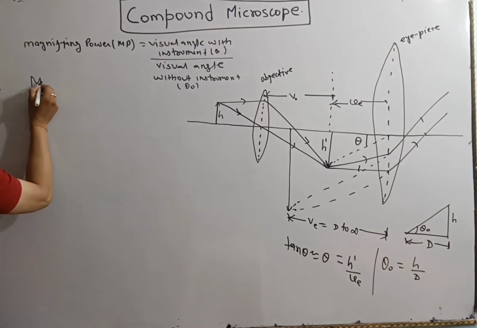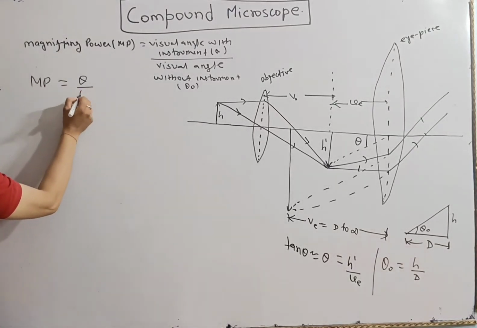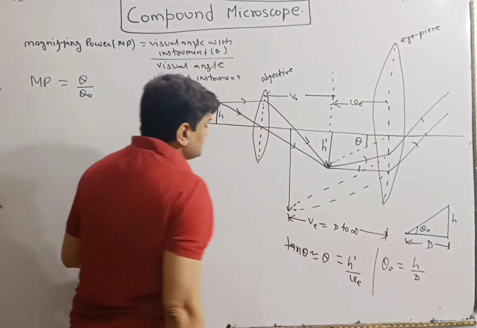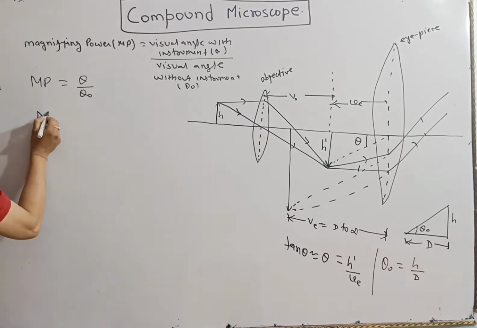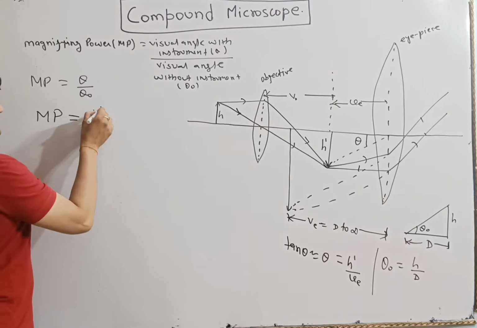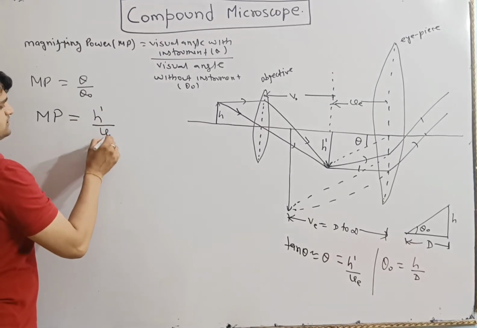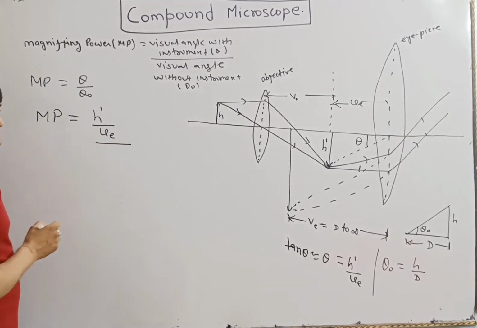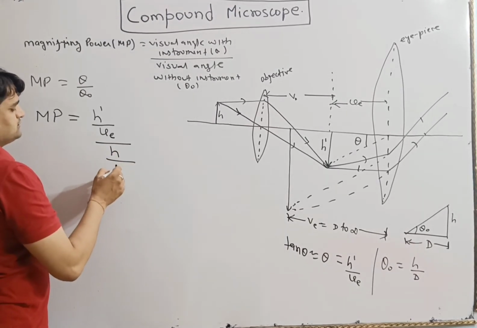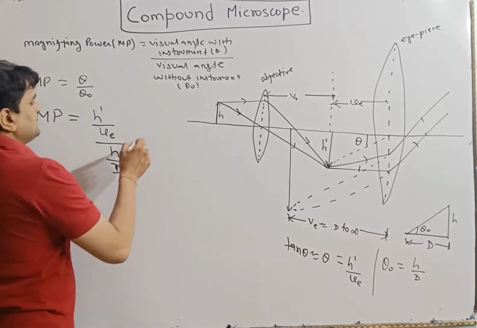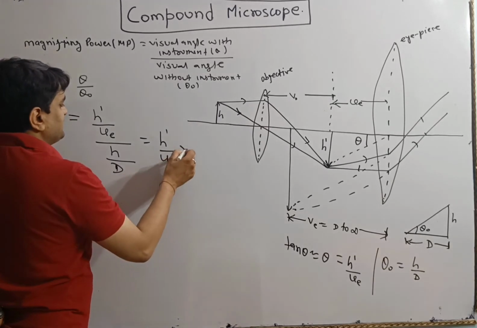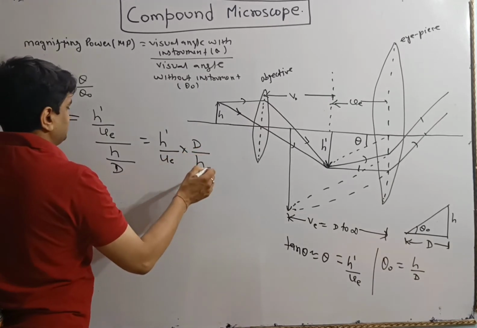So magnifying power will be theta upon theta naught, and we have already calculated theta and theta naught. So put the value. MP: theta is h dash upon UE, upon theta naught is h upon D. So it will be h dash upon UE into D upon h.